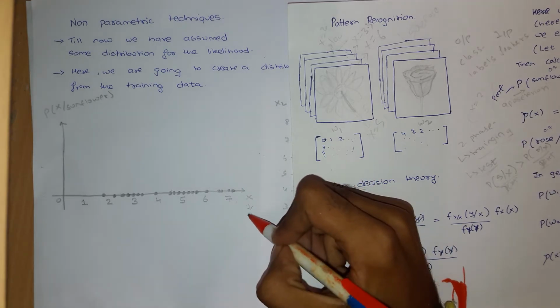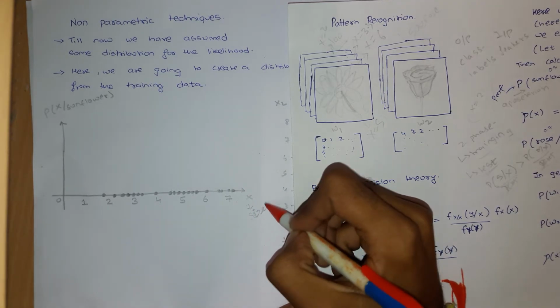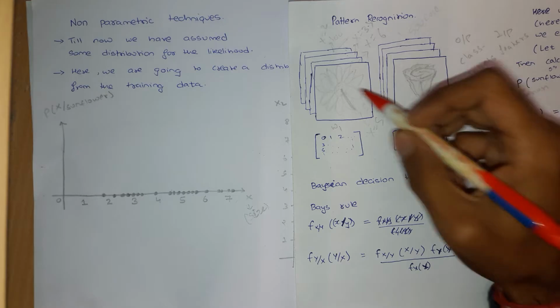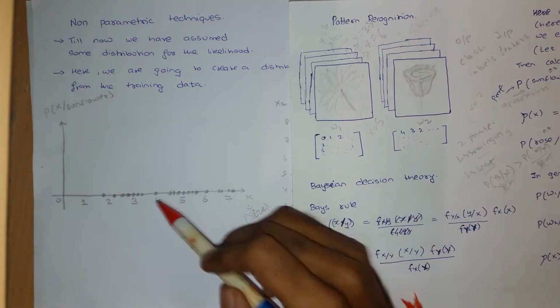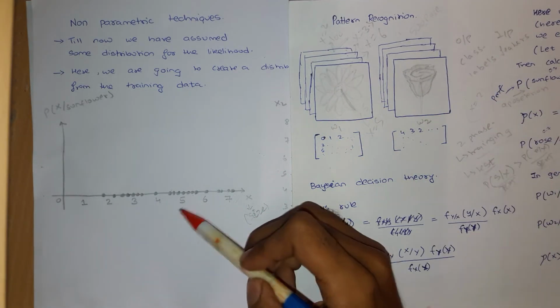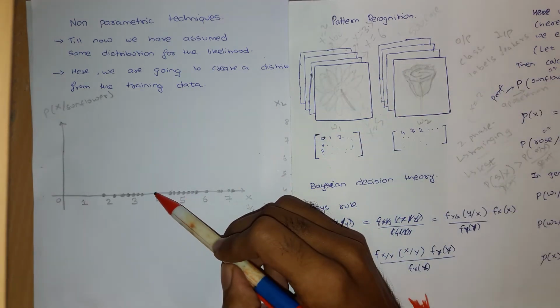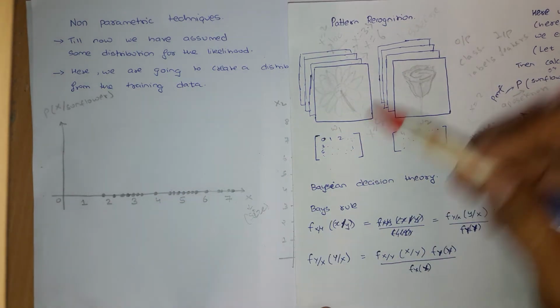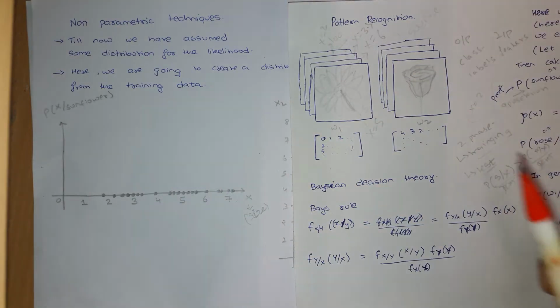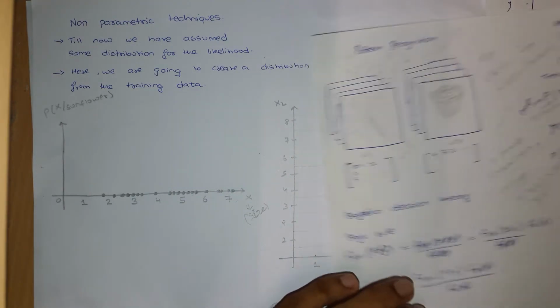So here x is the size. For the first image, say the size comes out to be 5, so it will come somewhere over here. For the next image it is some 4, so it is over here. Like this, for many images I have just plotted the data.